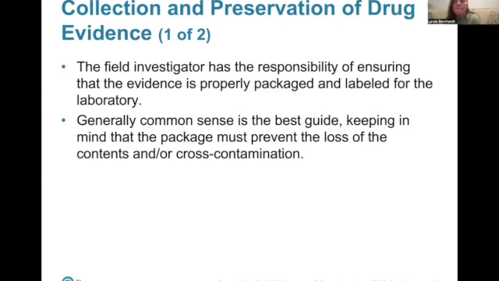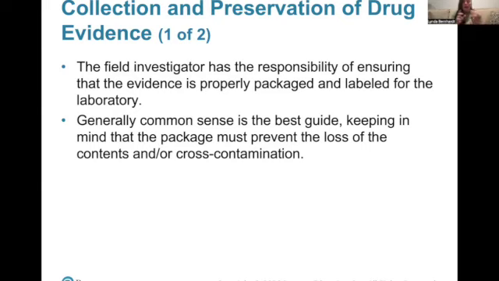And so, best thing is whatever container it's in, you leave it in there and then you put it into another one. We talked about like the little pill bottles and envelopes and bags. You have to use your best judgment for which one it is, but say that you find a little baggie with some white powder in it. You don't take that out of the baggie and put it into something else.